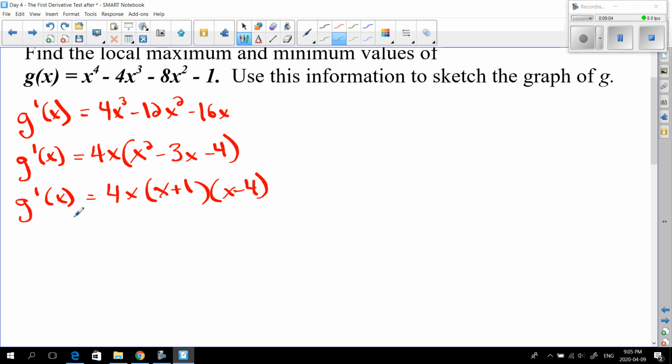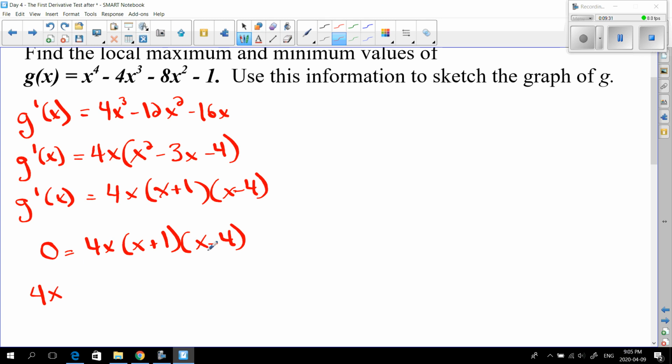Now, from here, I would set my derivative equal to 0, and I would solve for x. I'm looking for the values of x that make this whole thing equal 0. Or if it were a rational function, the values of x that make it undefined as well. So take each factor.